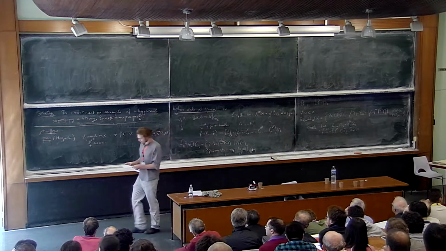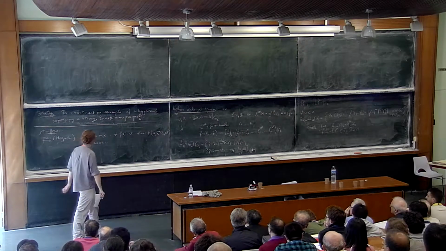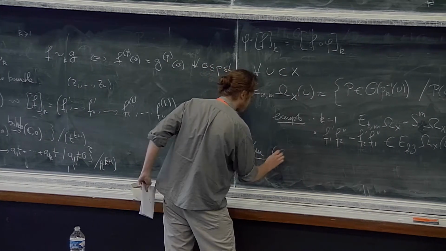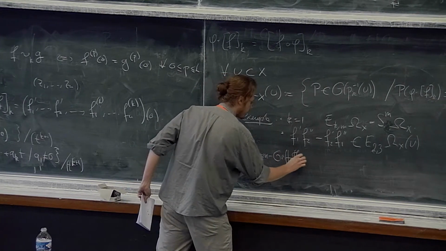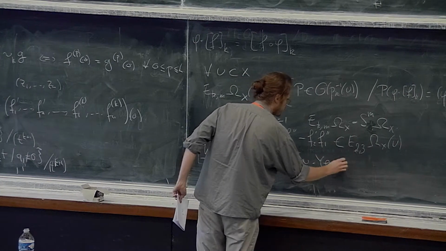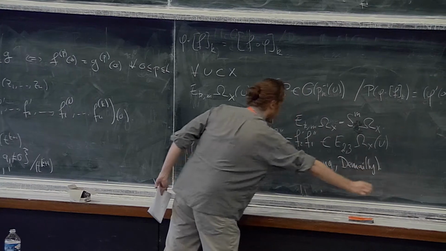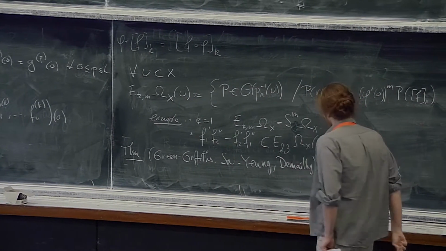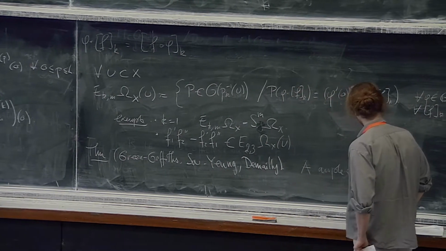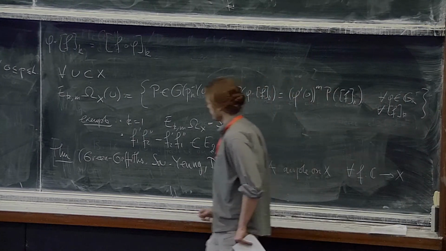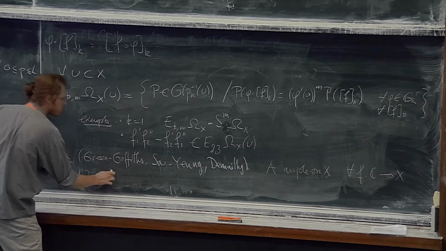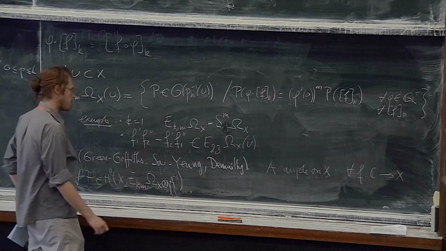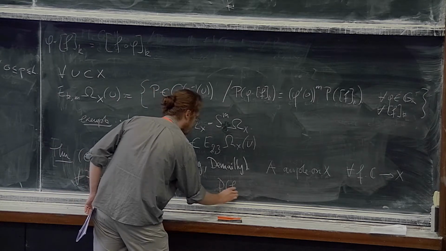And so the important result concerning those bundles is a generalization of this one here, and it's the following theorem, which is due to Green-Griffiths, Hsu and Young, and de Mailly, which tells you that if A is ample on X, then for any f from C to X, and for any element P, a global section of this bundle here twisted by some negative power of this ample line bundle, the pullback P of f is equal to 0.